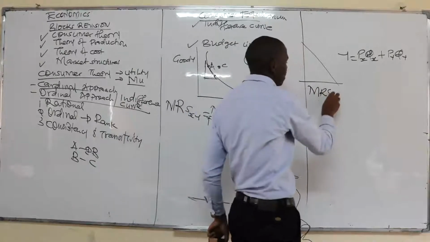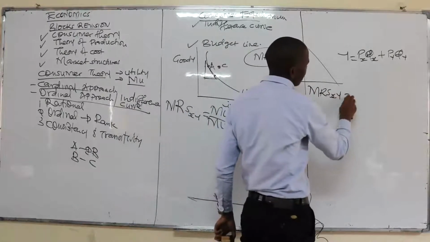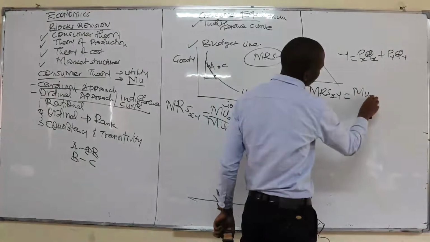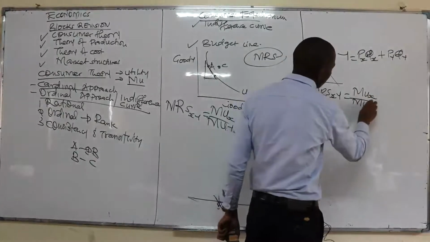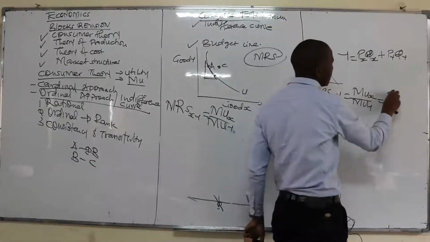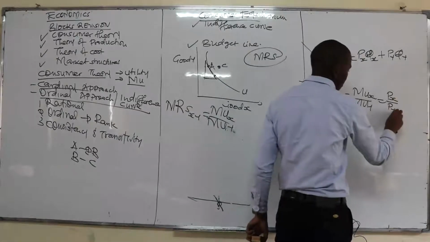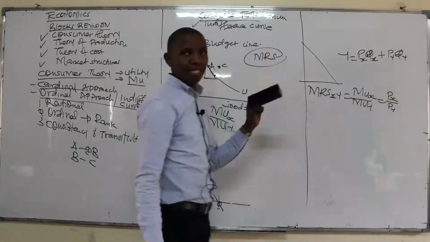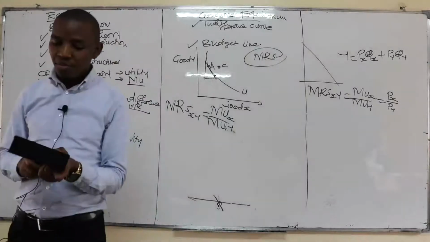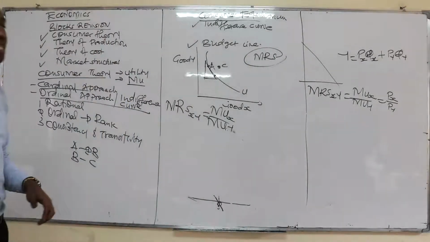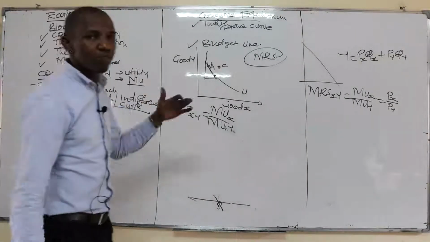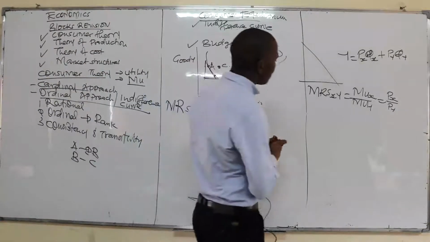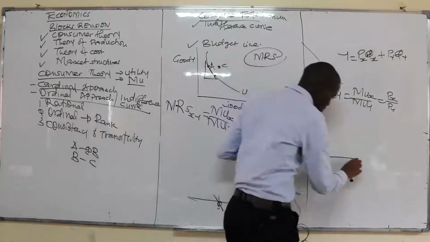The marginal rate of substitution of X over Y is equal to the marginal utility of X over the marginal utility of Y. In this case, it should be equal to the prices. That is one of the conditions. And then number two is that the indifference curve should be convex to the origin.